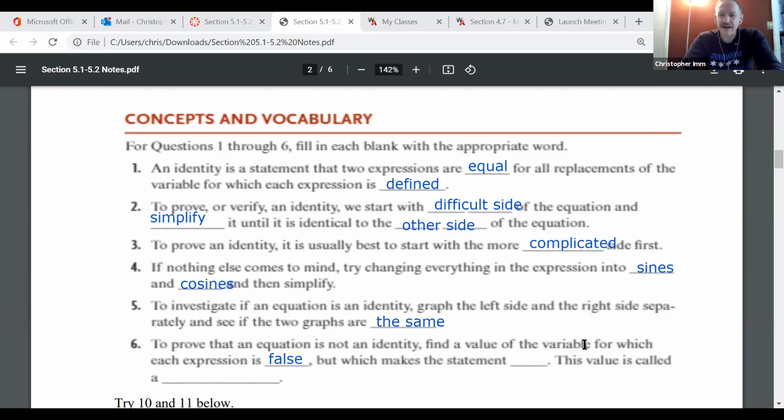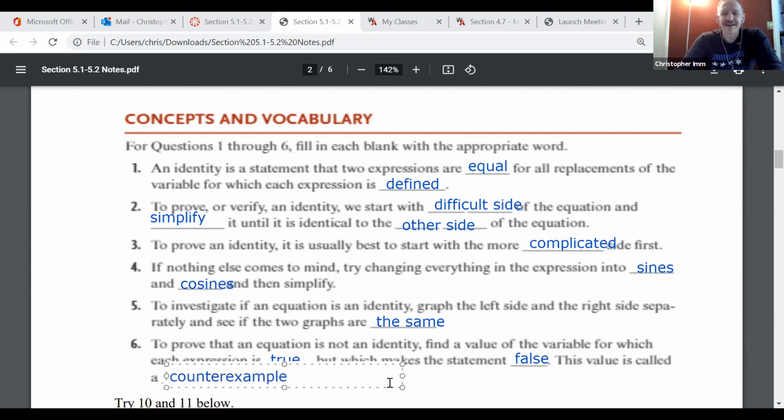So find a value of the variable for which each expression is, whoops, I said this wrong. Let me undo that one. For which each expression is true, but it makes the statement false. And this value is called a counterexample.